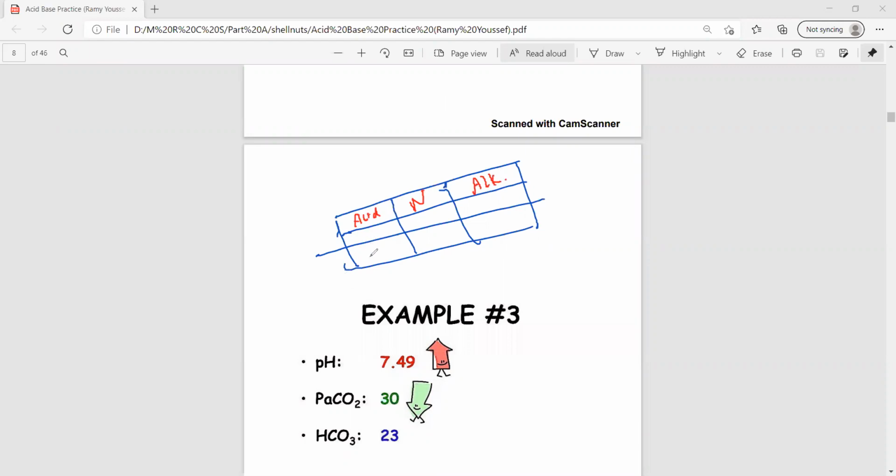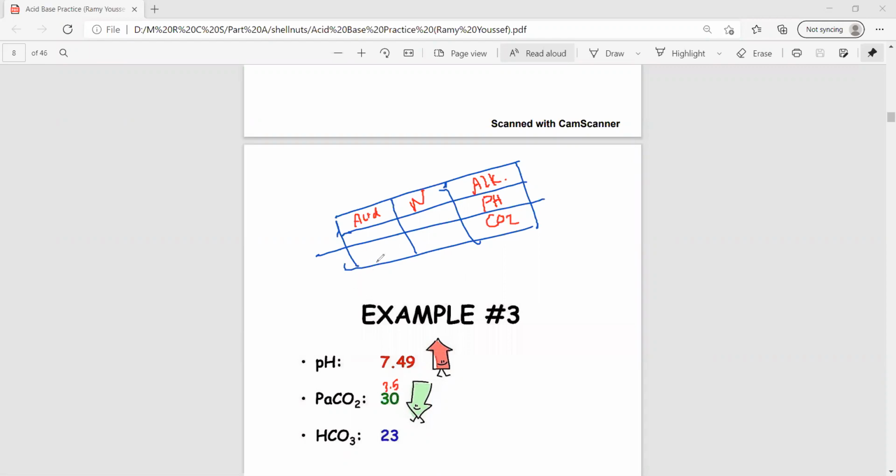Okay, pH is alkalotic. CO2 is also alkalotic. This is almost 3.5, so CO2 is alkalotic.